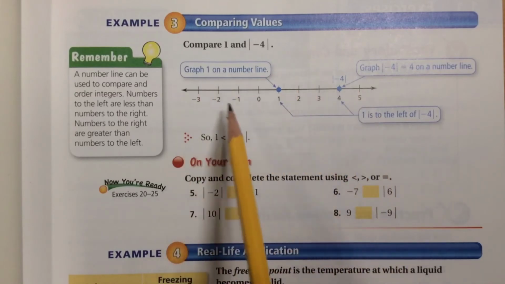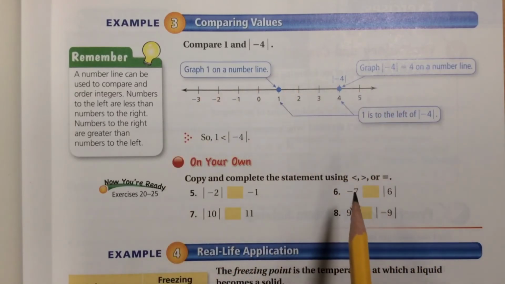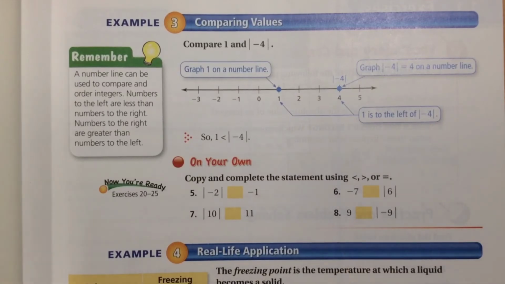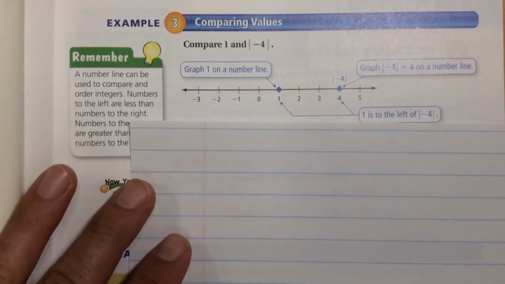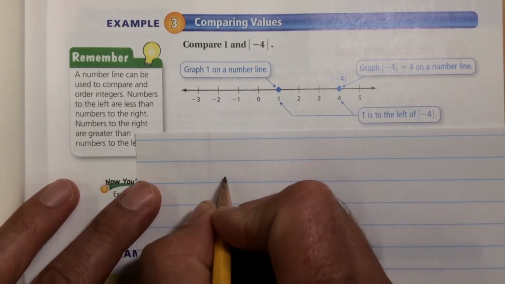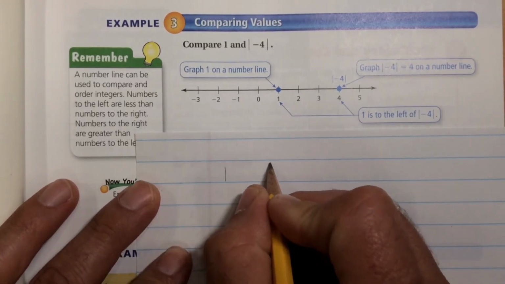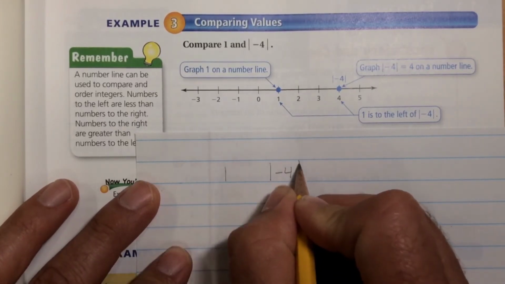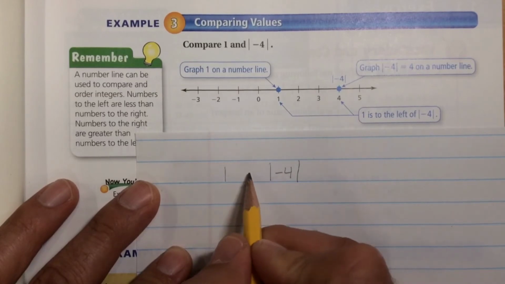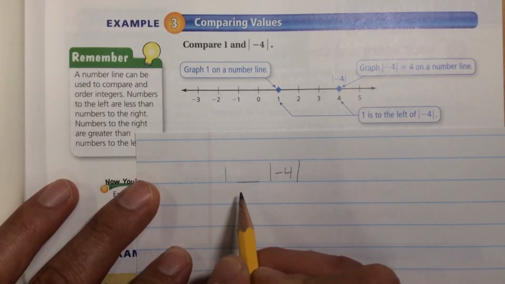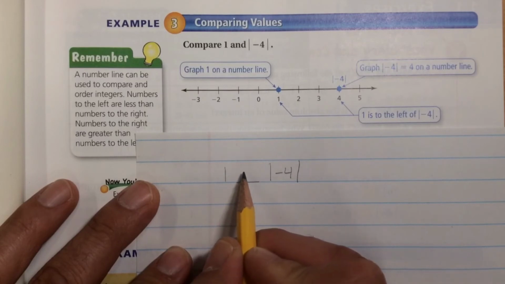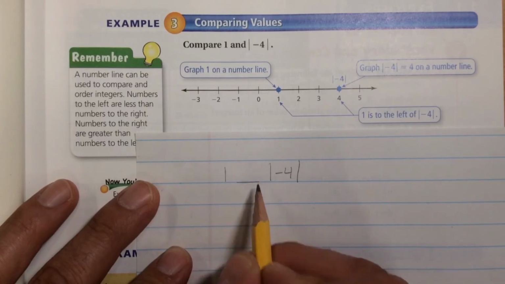Now, you don't have to think of a number line. That's just one way they're showing this. It's actually not how I would do it. I would look at the problem, and the problem is to compare 1 and the absolute value of -4. Okay, and we're going to put some symbol right here, either the equal to, the greater than, or the less than symbol.